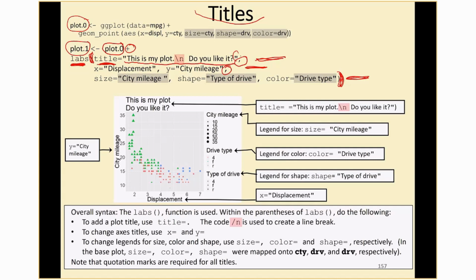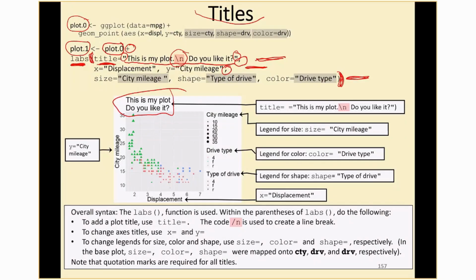Notice the quotation marks. This is my plot. Do you like it? Note this \n. What's that doing? The \n is producing a line break at this point, so this title is spread over 2 lines.